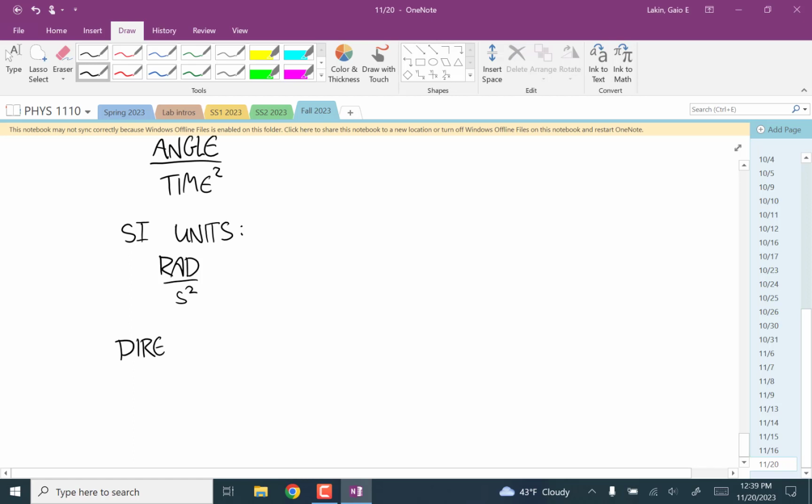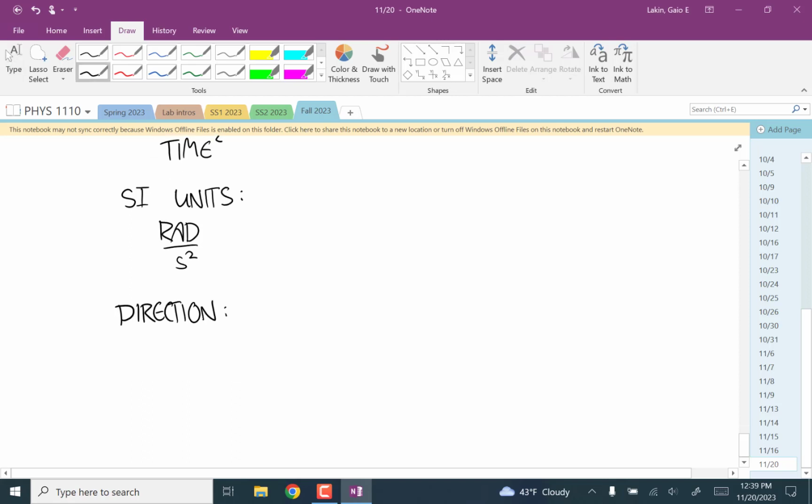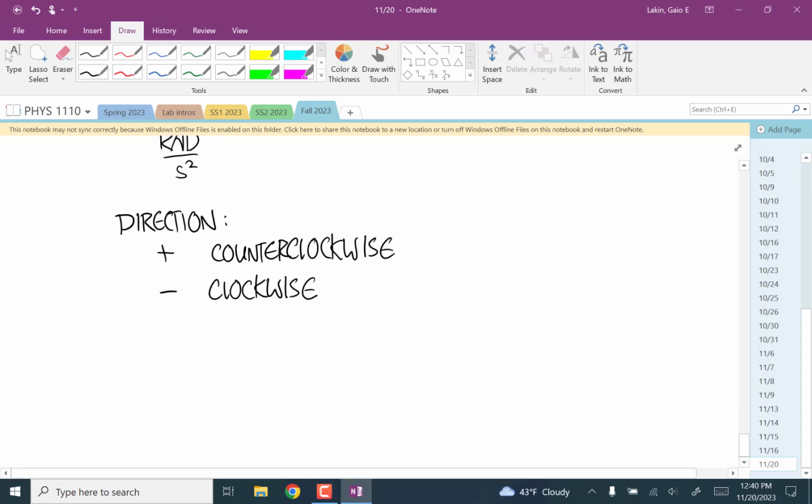You're not going to ever have to calculate the angular acceleration magnitude, but the direction of the angular acceleration is the same as it was for angular velocity. Positive is a counterclockwise angular acceleration. Negative is a clockwise angular acceleration. And here's something that looks familiar.